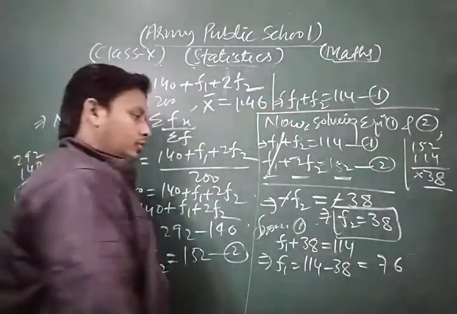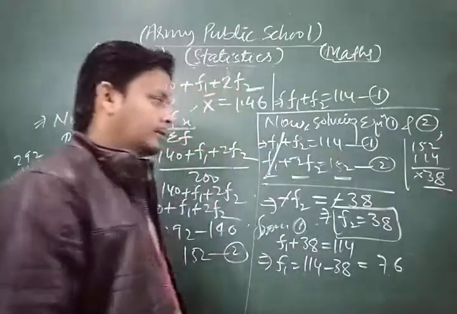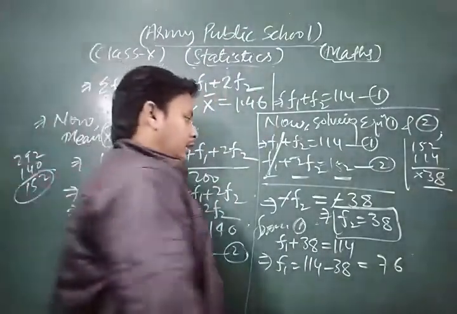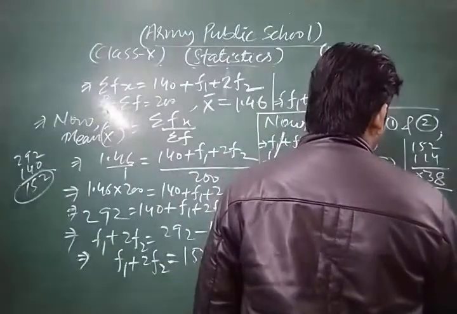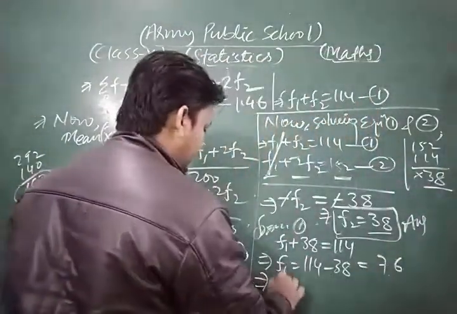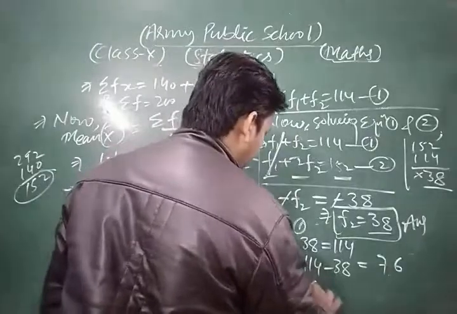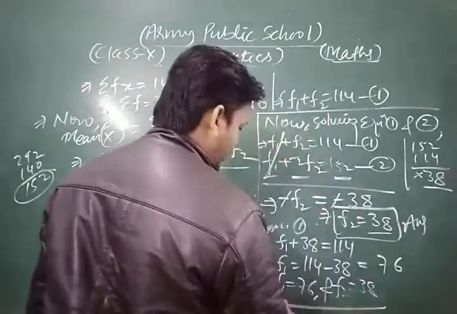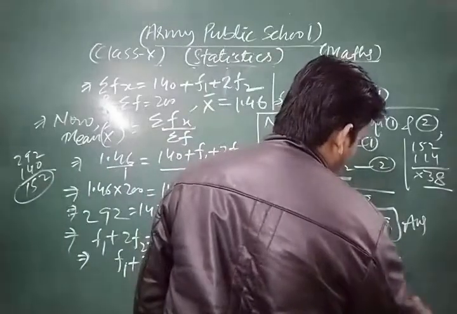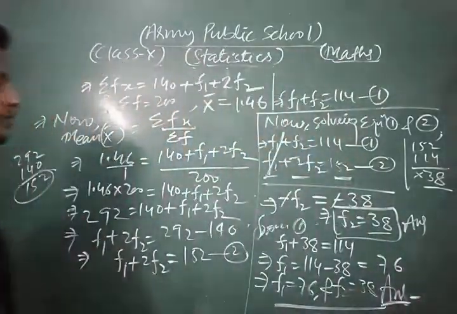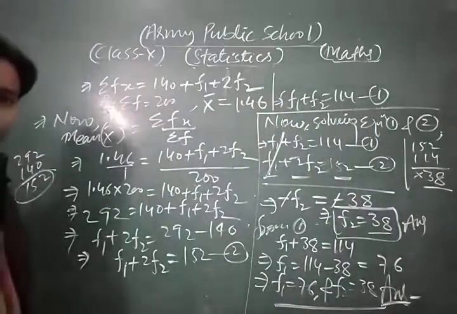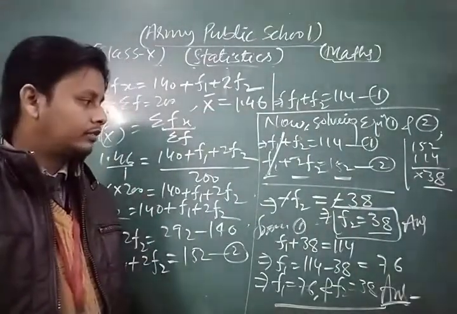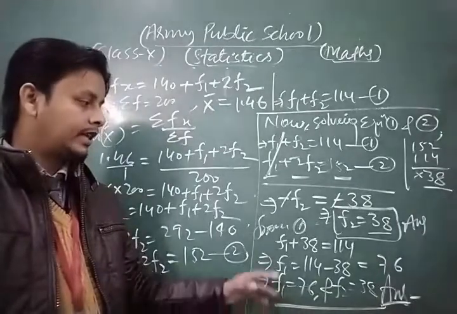So in this way, the missing frequencies are f1 equal to 76 and f2 equal to 38. This is the final answer of the given question.